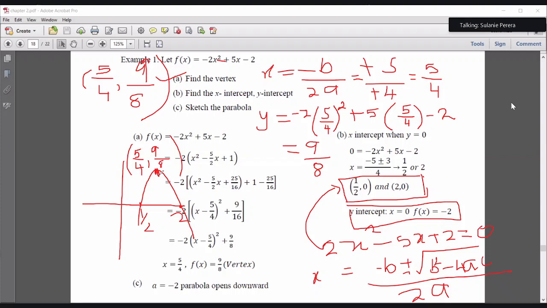Okay, is that okay? So that's how we draw the graph. Any questions?